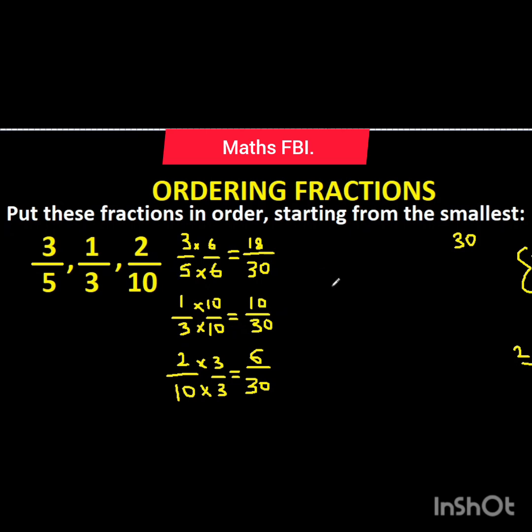So now ordering them, we have 2 over 10 as the smallest first. Then the second is 10 over 30, which is 1 over 3, the middle fraction.